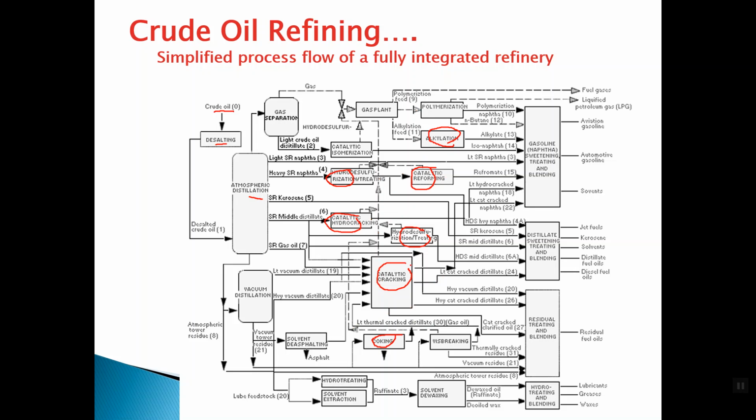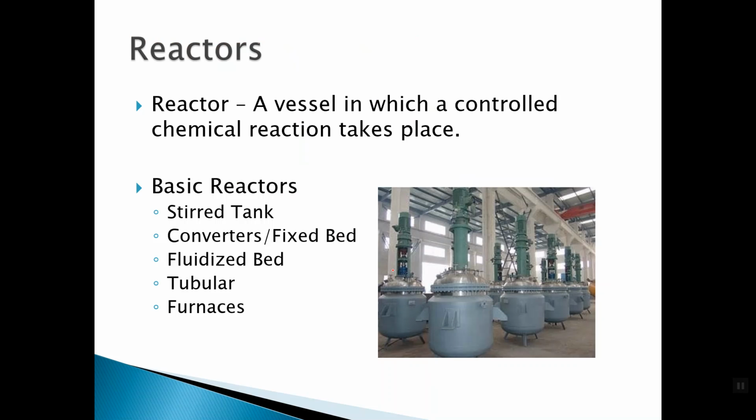Okay, these are all the different reactions that we have going on. And then when we have those, we get a lot of gasoline, jet fuel, and diesel fuel because we have these reactors. Okay, that's kind of why we do reactors, what goes on.